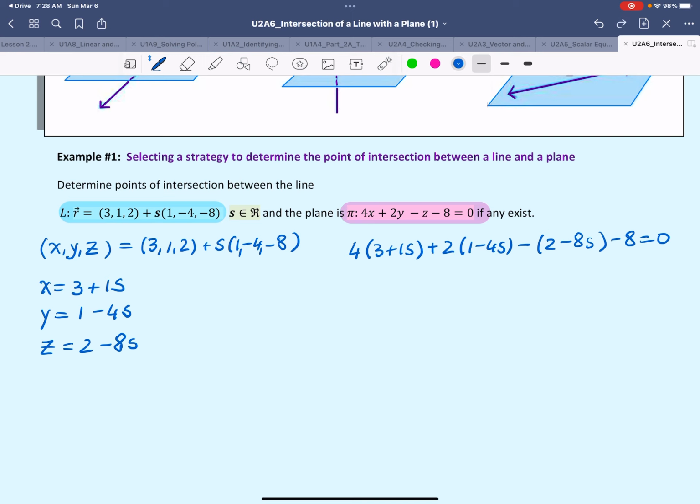Again, it's a simple linear equation, so we go 4 times 3, 12, 4 times 1, 4s here, plus 2 minus 8s, minus 2 plus 8s, minus 8 equals 0.